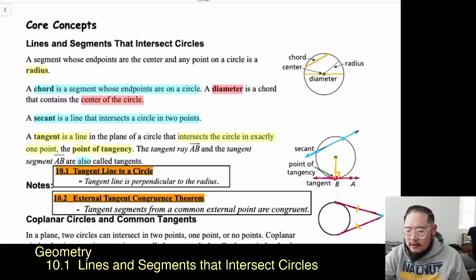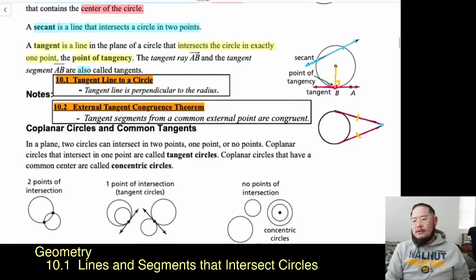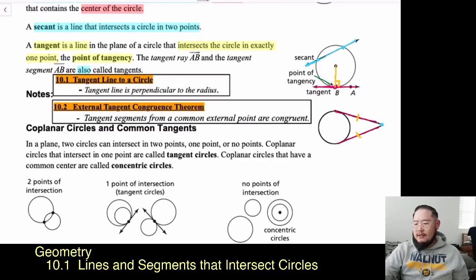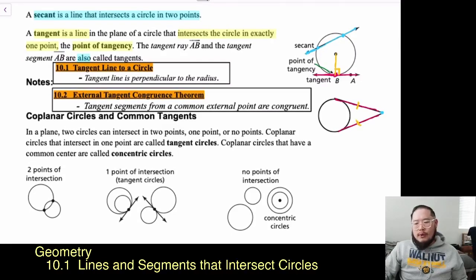Moving right along, we'll now talk about coplanar circles and common tangents. In a plane, two circles can intersect in 2 points, 1 point, or no points. Coplanar circles that intersect in 1 point are called tangent circles. Coplanar circles that have a common center are called concentric circles.